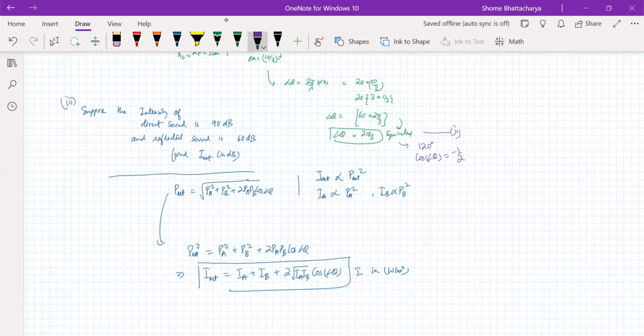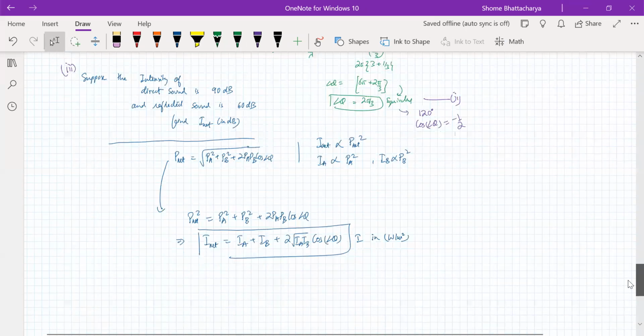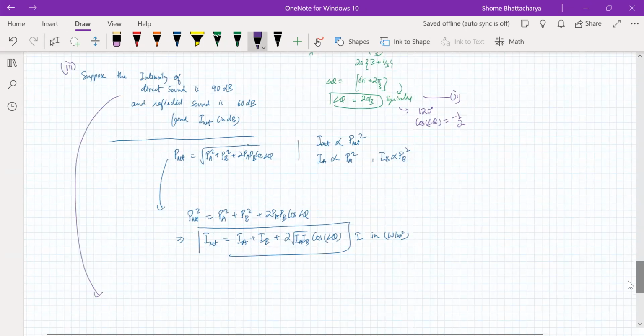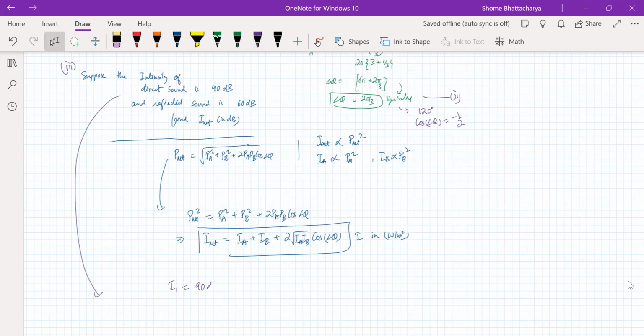First of all, we have to understand the relationship between I1 and I2 in watts per meter square. What is the relationship? Okay, so I1 is 90 decibels and I2 is 60 decibels. So there's a huge difference between them. The difference in decibels is 30 decibels.